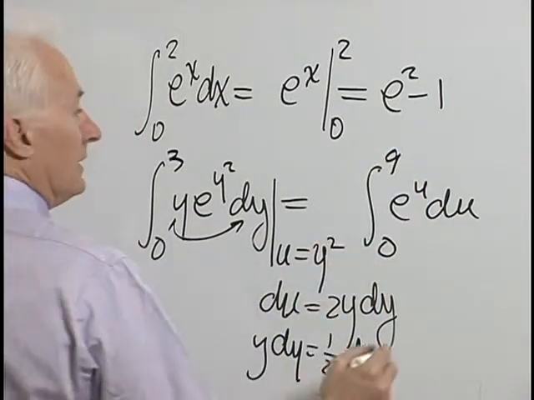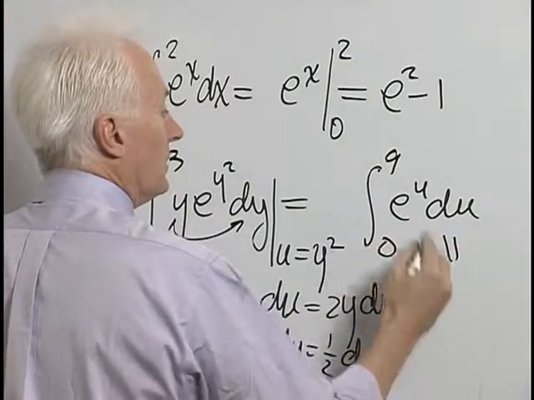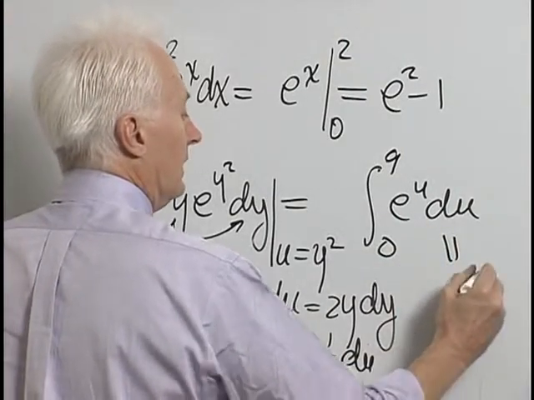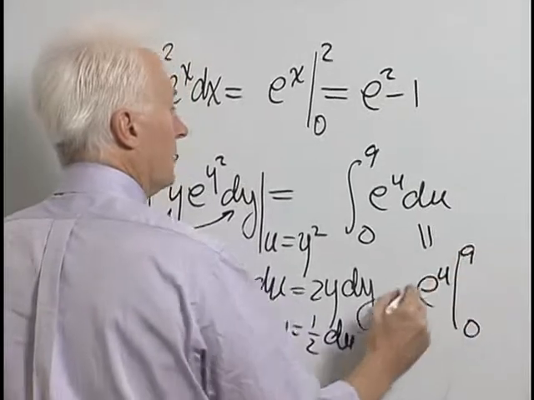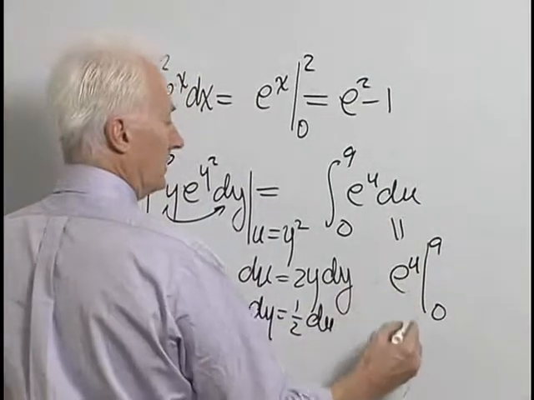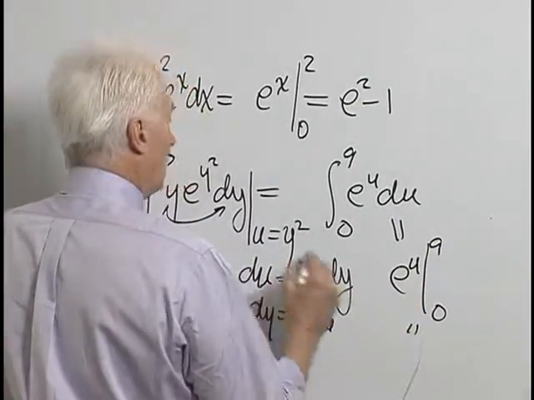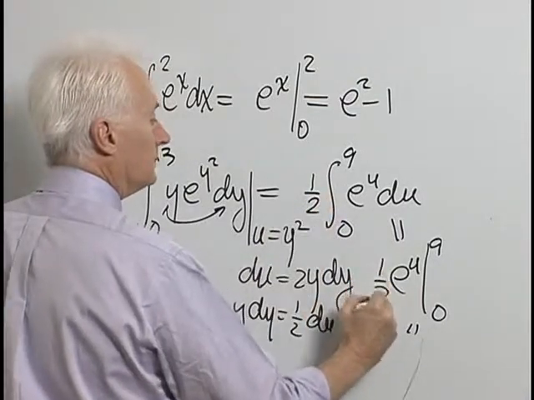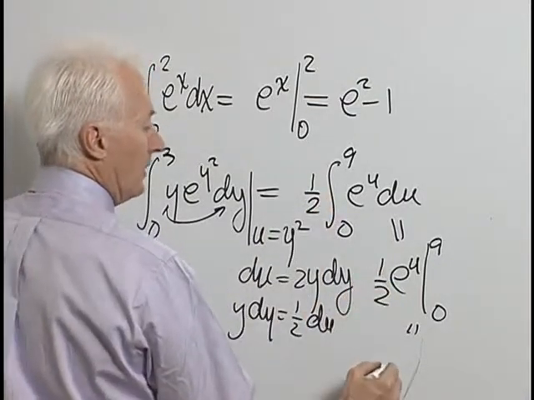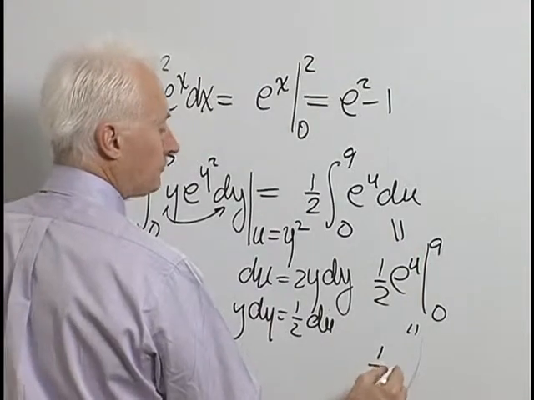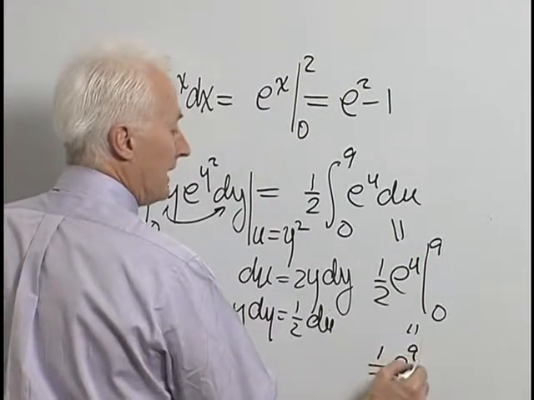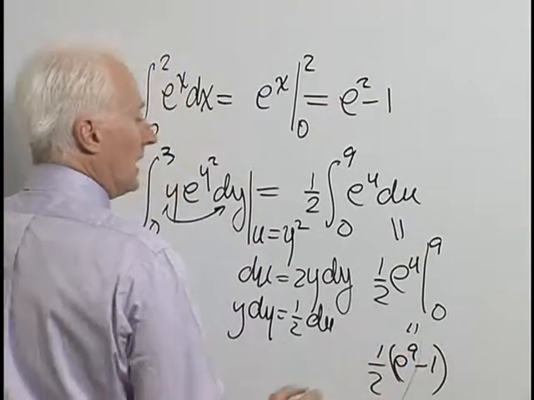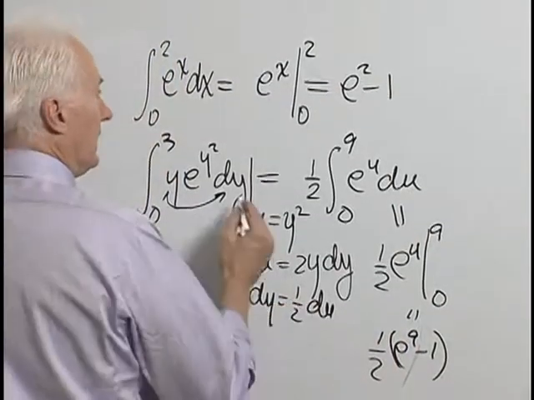And so to integrate e to the u from 0 to 9, the antiderivative of e to the u with respect to u is e to the u. And we can't forget that 1/2. So we have 1/2 times e to the 9th minus 1 for the second integral.